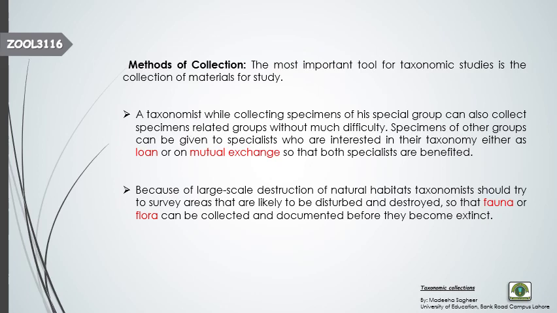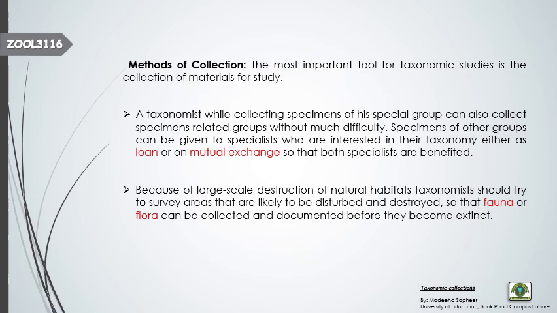Secondly, once you are planning to go searching for specimens, a taxonomist should focus first on those areas that are more vulnerable to destruction or damage. Because if the area becomes completely destroyed, then all the organisms, including plants and animals, that is the fauna and flora of that particular area, would be destroyed and become extinct.